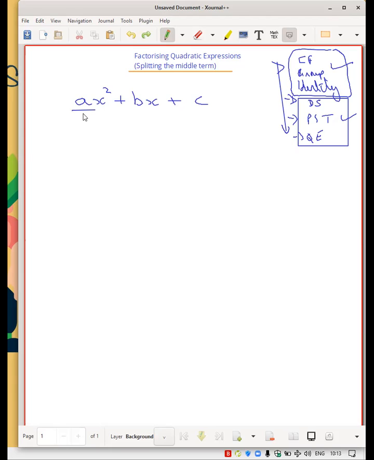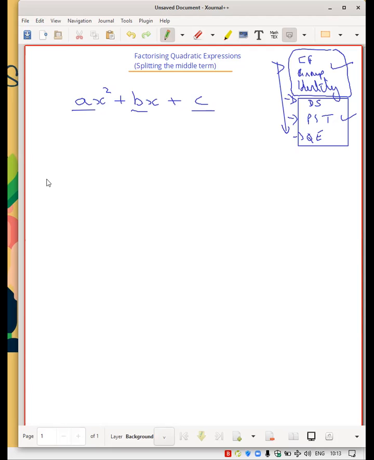The numeric coefficient of x squared. Yes. What is b? The numeric coefficient of x. And what is c? The constant. Its value does not change.